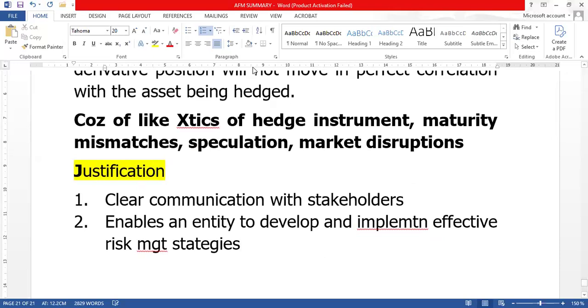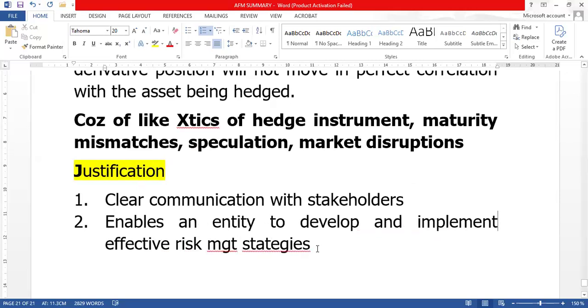What does this one mean? Look at a scenario where, for example, your number of contracts does not match the contract size.